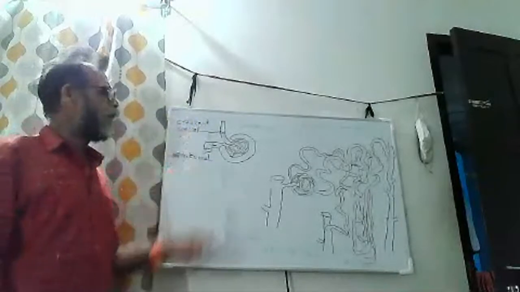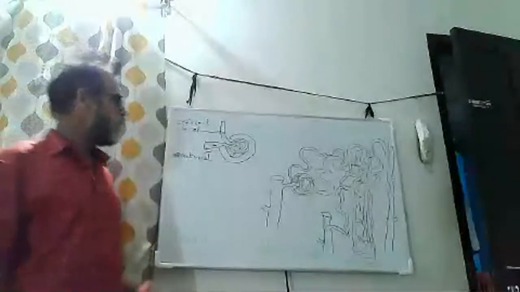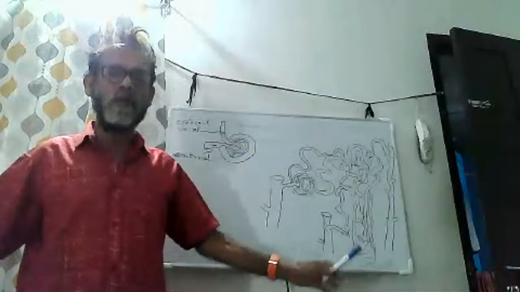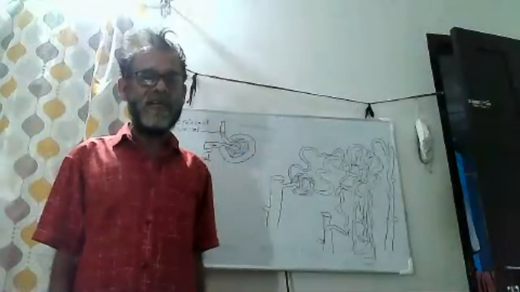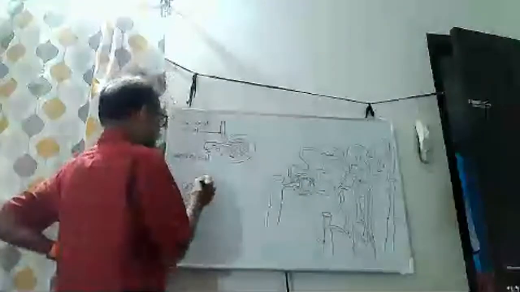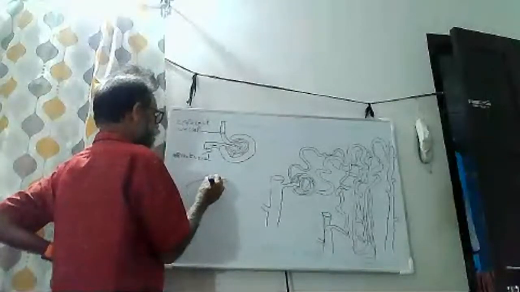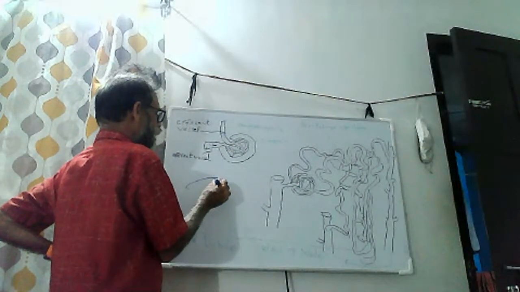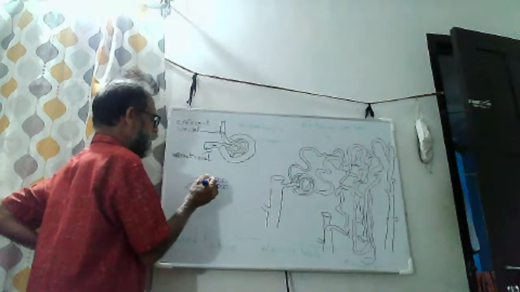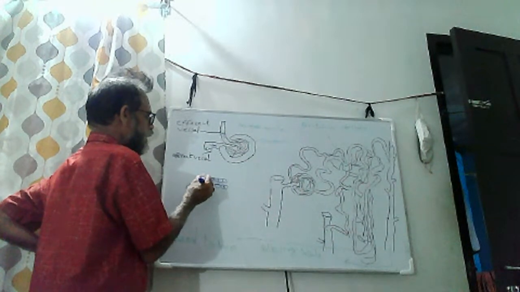So these are fine capillaries. There is a network of capillaries inside the Bowman's capsule that is called the glomerulus. That is the actual filter. The wall of the glomerulus is very thin.